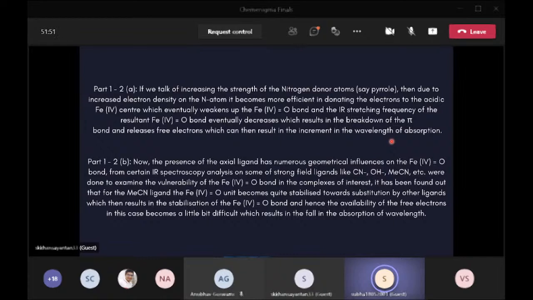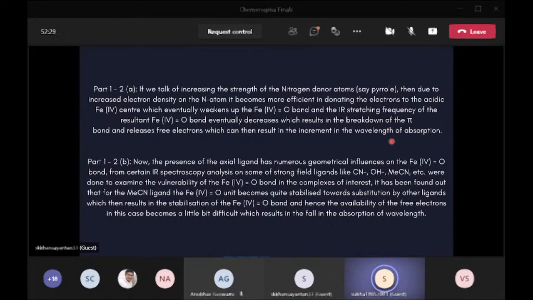Now, in case of part 2, where we are talking about the axial ligand, the presence of an axial ligand has numerous geometrical influences on the complex. From some resources it was known that IR spectroscopy analysis was done with various strong field ligands like CN-, OH-, MeCN, etc., to examine the vulnerability of the Fe-O double bond, which is our complex of interest.